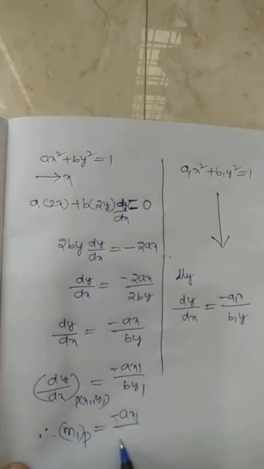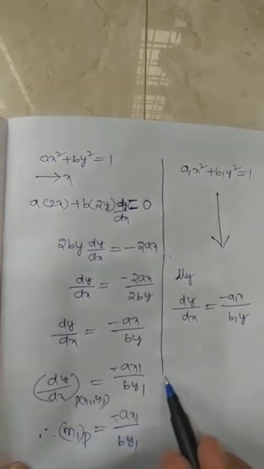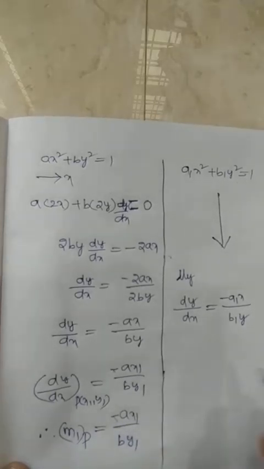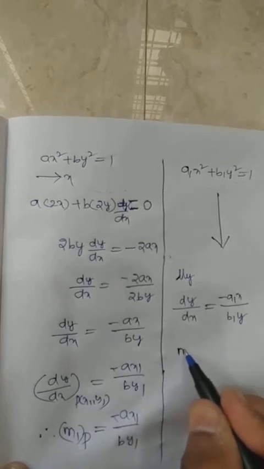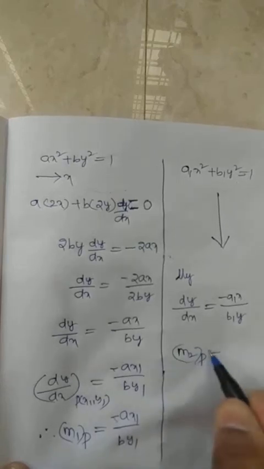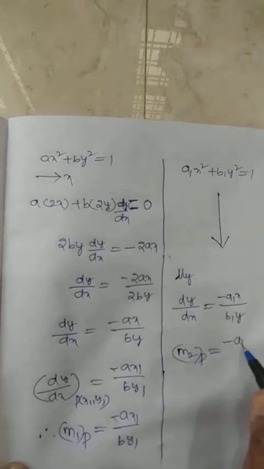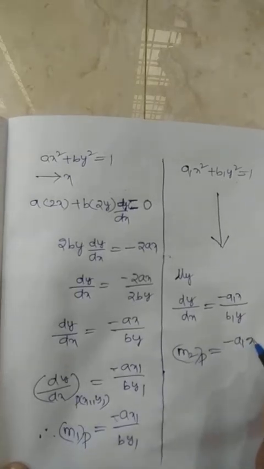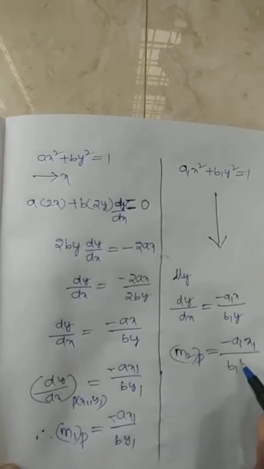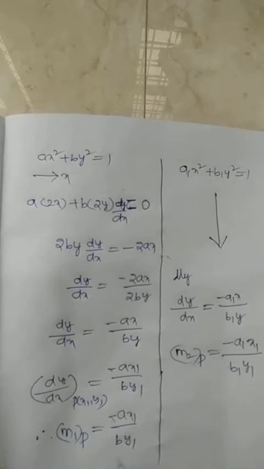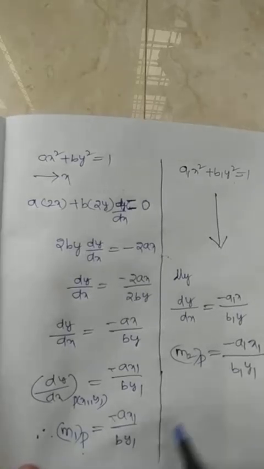I got minus ax1 by by1 for this curve. I will write directly here, m2 at p is equal to minus a1 into x1 by b1 into y1. So I got the values of m1 at p and m2 at p.